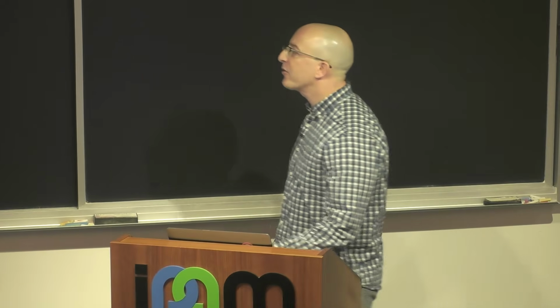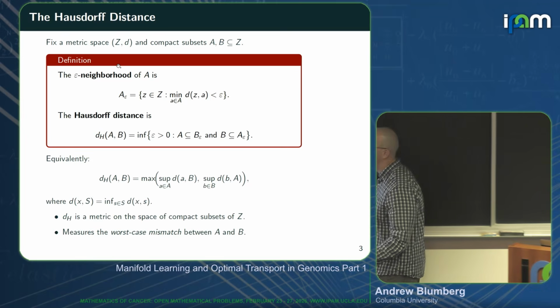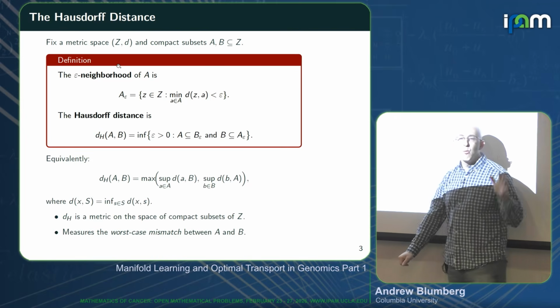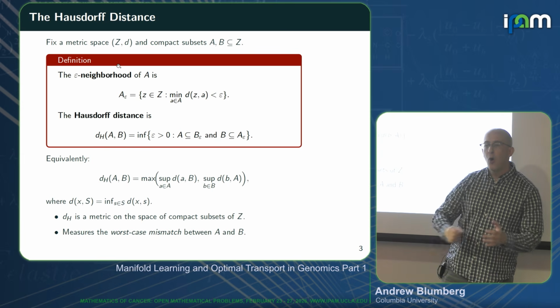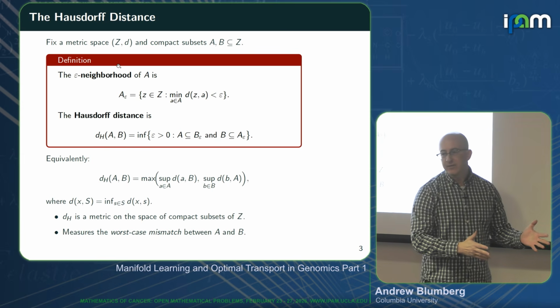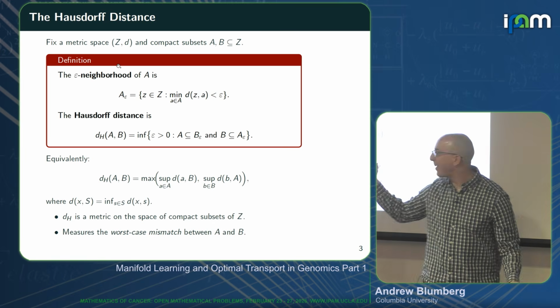So these are all problems that have a very similar flavor, although the specific applications are different, and I want to talk about how to do this. From a mathematical perspective, before I start talking about the Hausdorff distance, what you are doing is trying to put a metric, a distance, on data sets. That's what this is about.